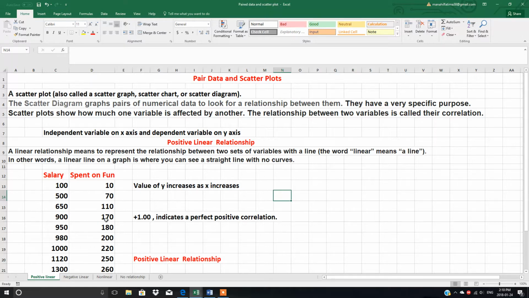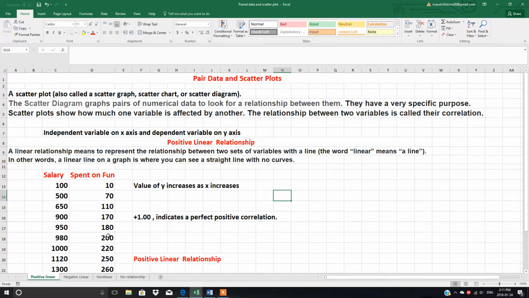Suppose this is our data. I have made two columns: one is for salary, and this is the amount you spent on fun. Suppose the salary is 100, then you spend only $10 on your fun or recreation. If your salary is 500, then you may spend $70. If you have a 650 salary, you can spend $110.